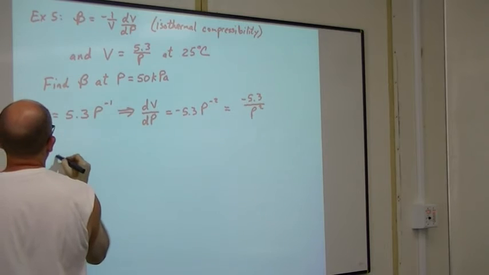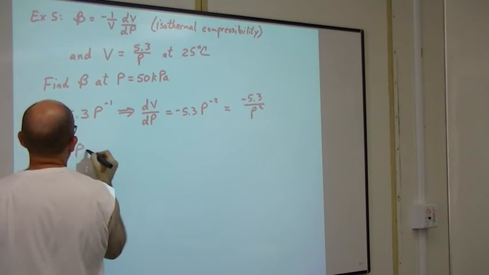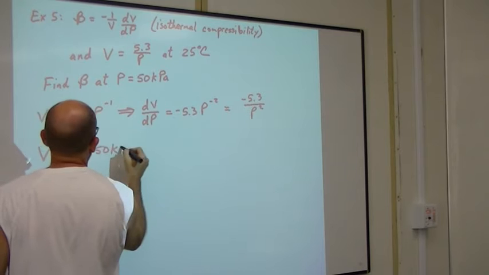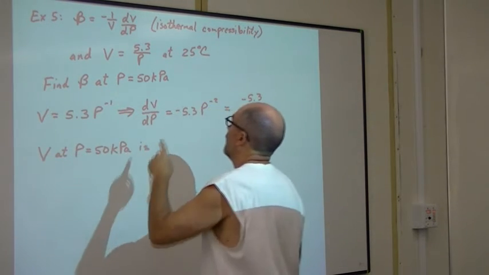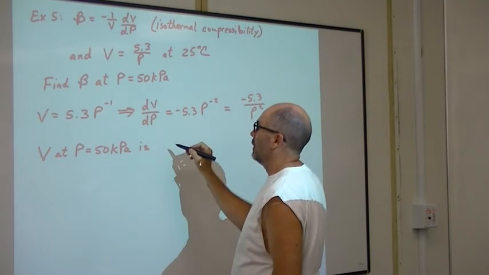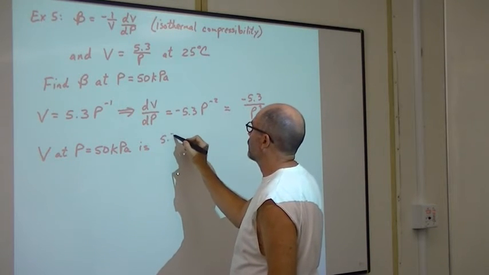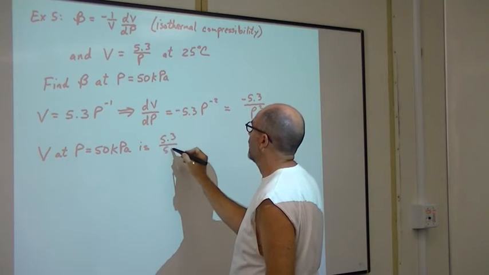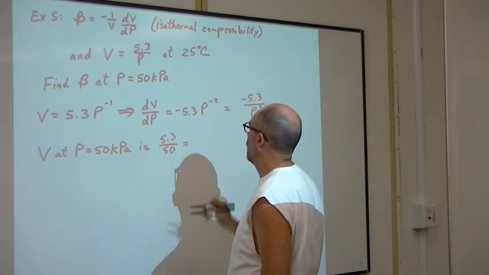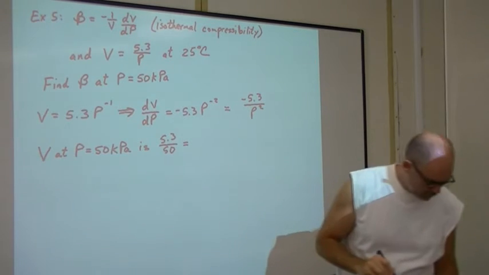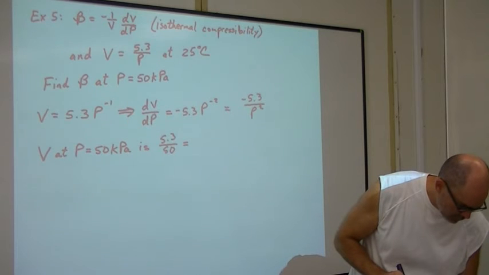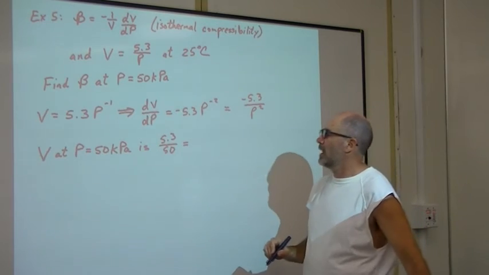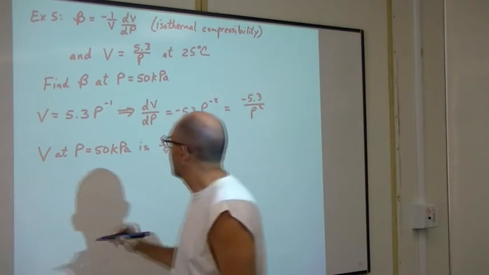So the volume at the pressure of 50 kilopascals is, well, I plug in 50 here, so it's going to be 5.3 over 50. They didn't even calculate it out. Okay, so we'll just leave 5.3 over 50.